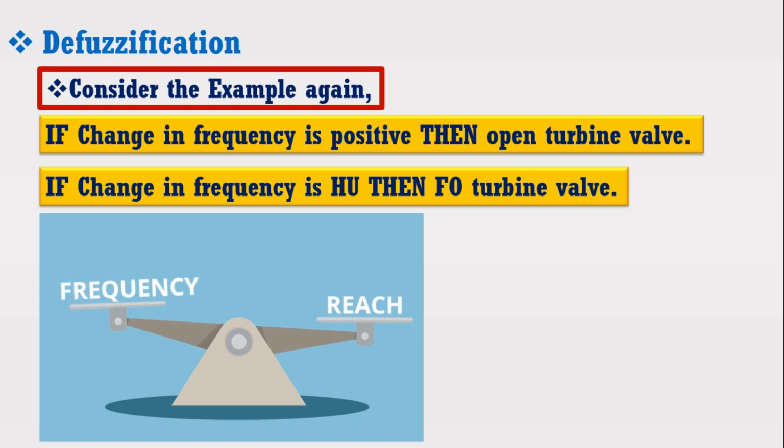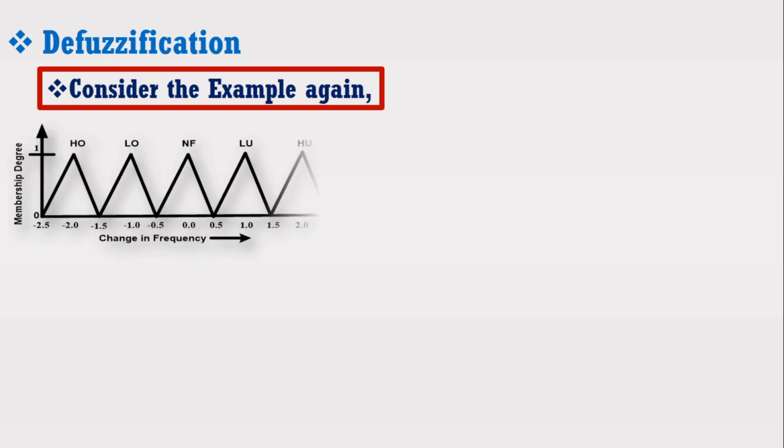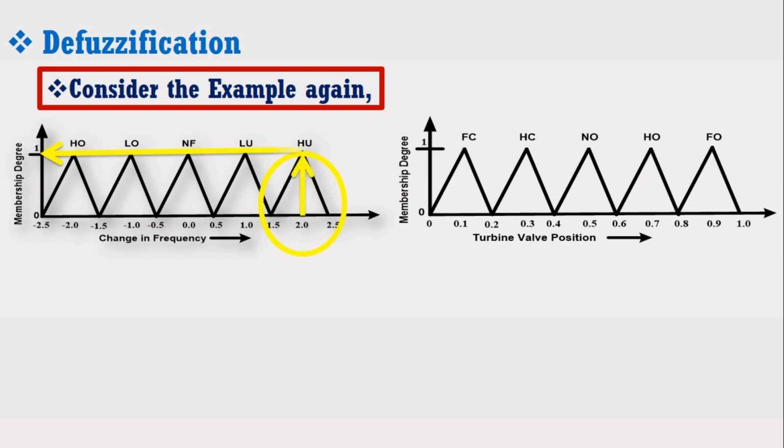By using the graphical method, it can be seen that full open in this case means open the turbine valve up to 0.9 or 90%. However, it may be noted that in real calculation, mathematical expressions are used.